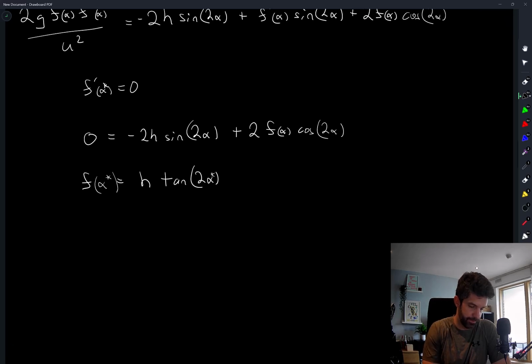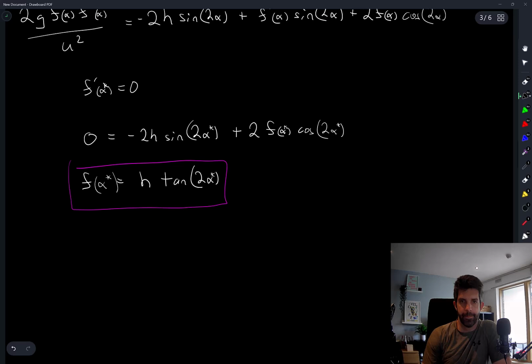So whatever the maximizing angle is has to satisfy this. And that's what we were asked for, showing that the greatest value of x occurs when x satisfies this. Find the corresponding value of cosine 2 alpha in terms of g, h, and u.